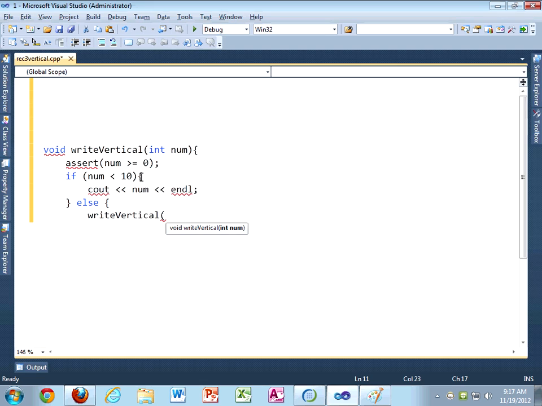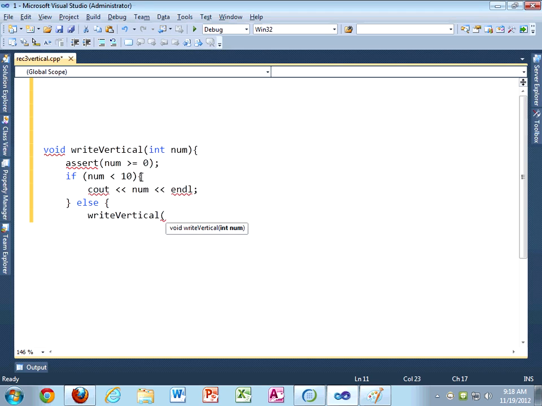Just thinking, not C++ right now, but thinking algorithmically. What's the strategy going to be? The answer that we need to give here is going to be something in terms of write vertical, right? It's going to have to be something that has to do with calling the write vertical function.